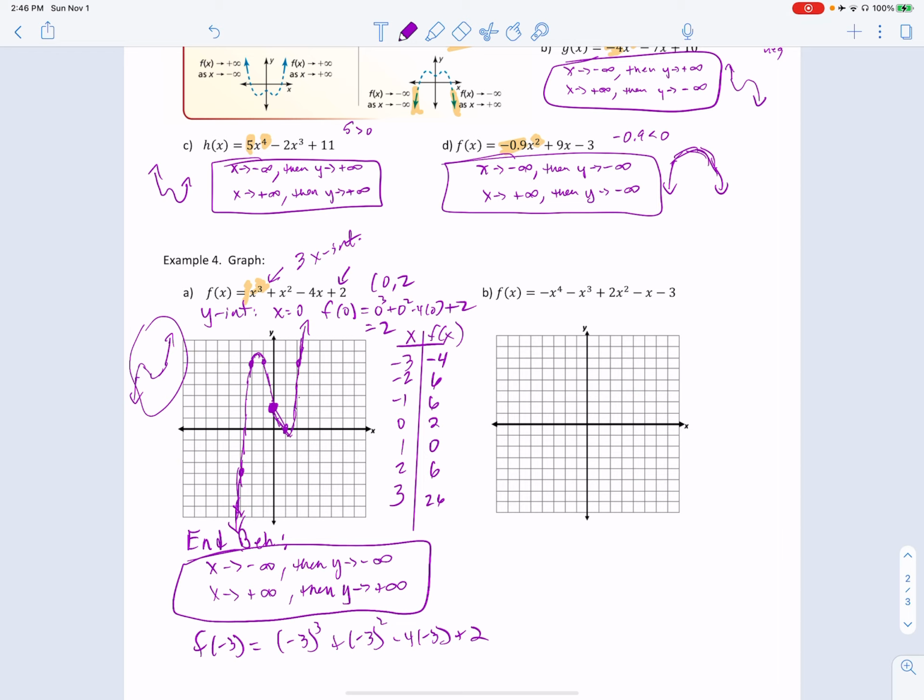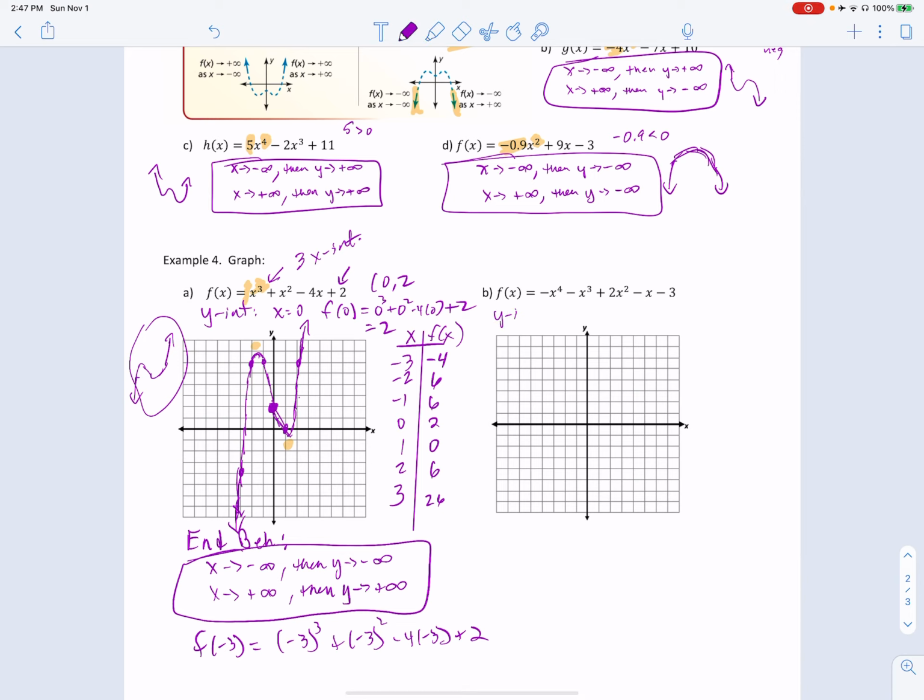And so here's 2, and somewhere in between, it dips below and goes back up. How high it goes right here and how low it goes right here can vary by student. That's okay.